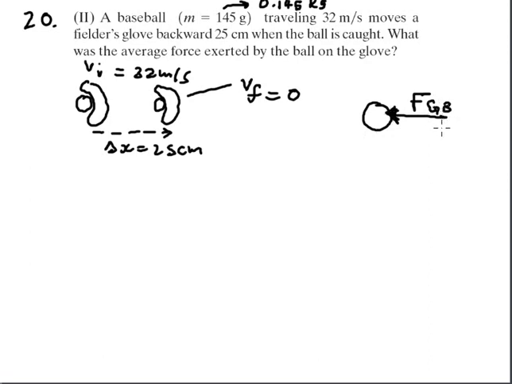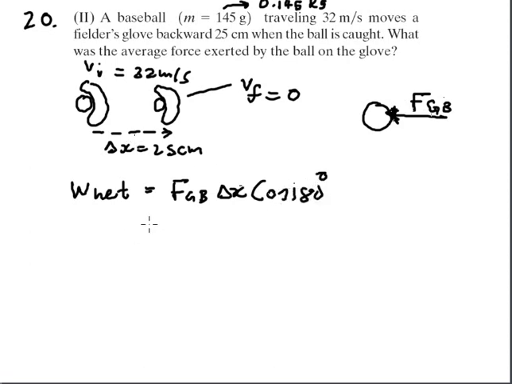So if we look at the net work done, the net work done is simply equal to the force FGB, that's the force exerted by the glove on the ball, multiplied by delta x. Remember, it travels delta x, and of course the angle between the FGB and delta x is 180 degrees, so that's cosine 180.